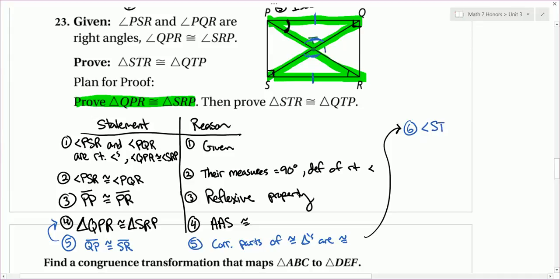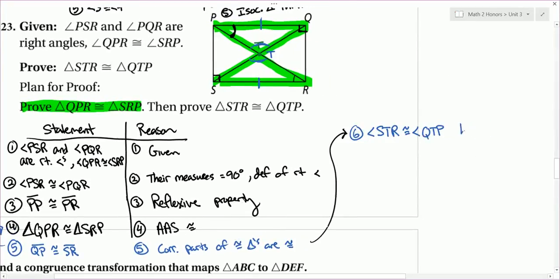T's the middle here, I kind of wrote over it. So angle STR is congruent to angle QTP. And our reason is vertical angles are congruent.